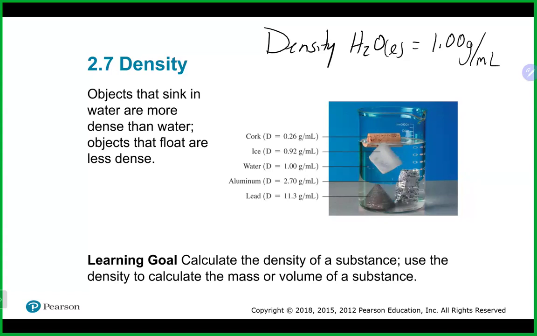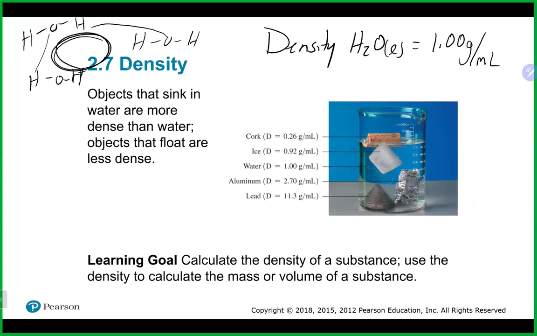The difference with water is when water freezes, it doesn't have as much energy and water molecules are held together through what is known as hydrogen bonding. When a bunch of water molecules freeze, it creates a lot of open space between the different water molecules, kind of swells it, if you will.